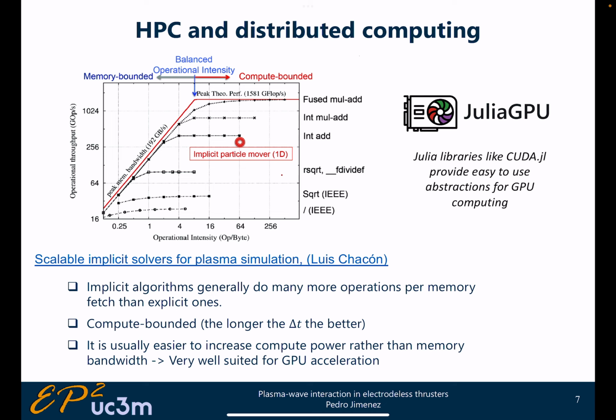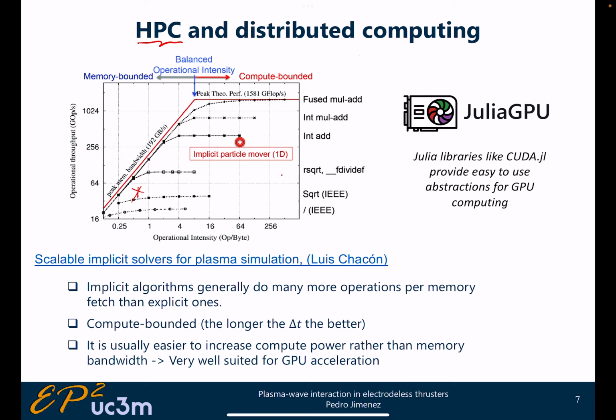Now, continuing with this discussion about explicit versus implicit algorithms and high performance computing, one problem of explicit algorithms is that they are generally memory bounded.